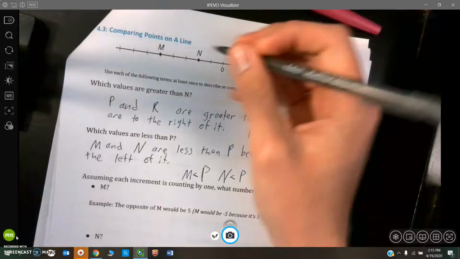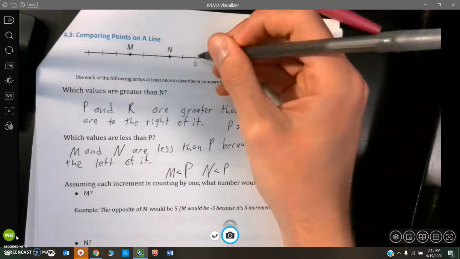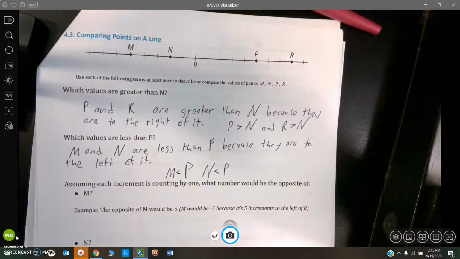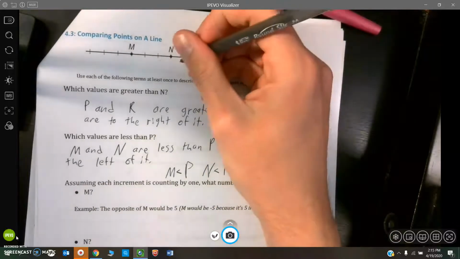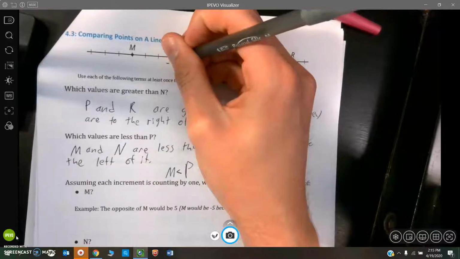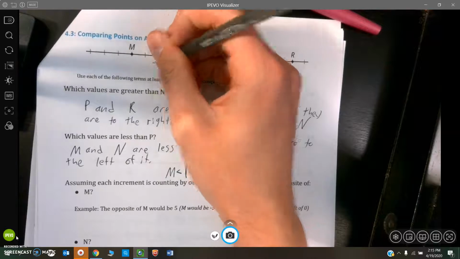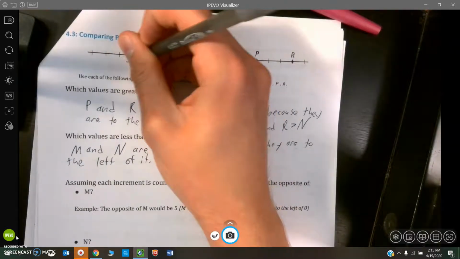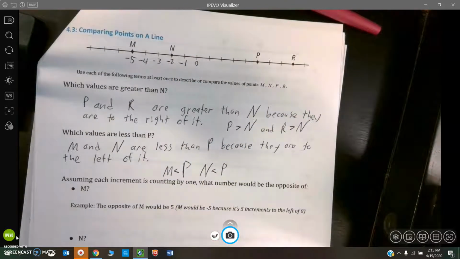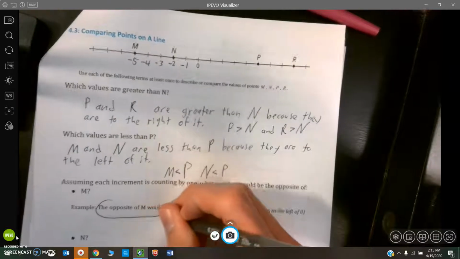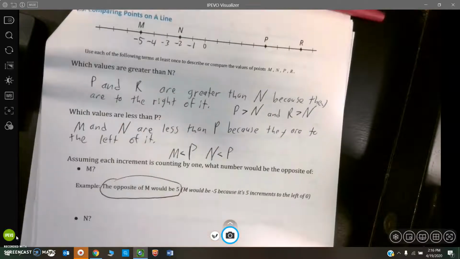So here's M. It says assume each increment is counting by 1, which up to this point, for the most part, all of our number lines have been doing, but like we're going to see on the next page, that's not always true. But in this case, it's telling us that, and this would be -1, this would be -2, -3, -4, and -5. So if M is -5, the opposite of it would be 5.